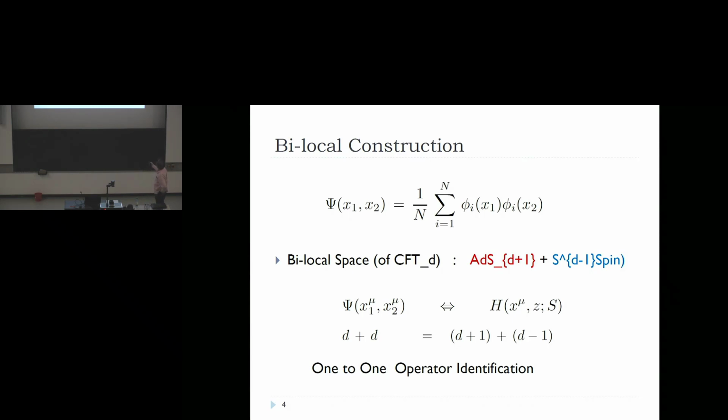Here there is a sphere for spin, which I will explain. It will be a statement of one-to-one correspondence, meaning that a field of dimension d becomes d plus 1, which is AdS, and obviously the sphere should be d minus 1, and that will also fall into place.